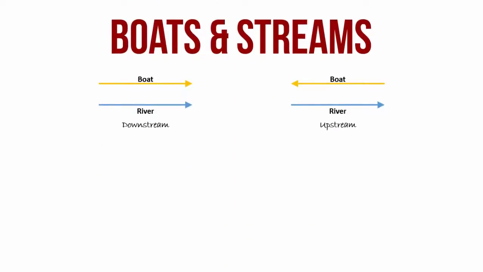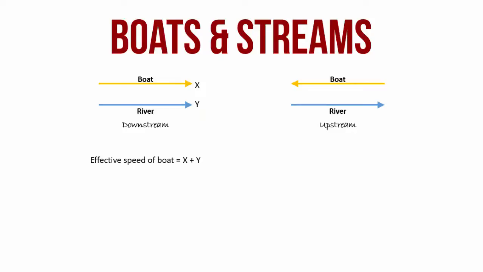Now assume that the boat can travel at a speed of x. The river on its own is flowing at a speed of y. The effective speed of a boat when it is moving downstream shall be x plus y.